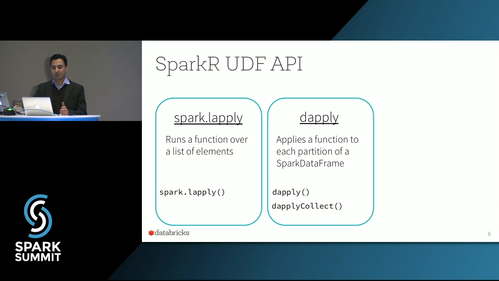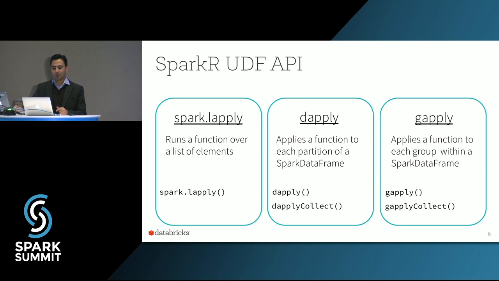The second category is the dapply category, and what it does is apply a function to every partition of a distributed data frame. There are two functions in this category, dapply and dapplyCollect. And I'll talk about more details of these. And then the third category is gapply, and that applies a function to every group within a Spark distributed data frame. And again, we have gapply and gapplyCollect.